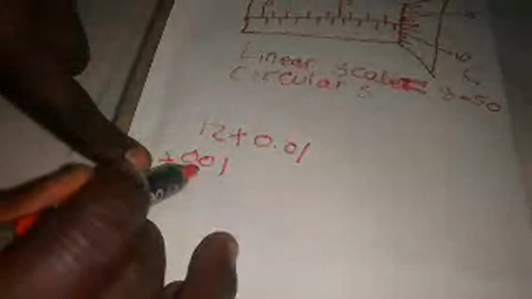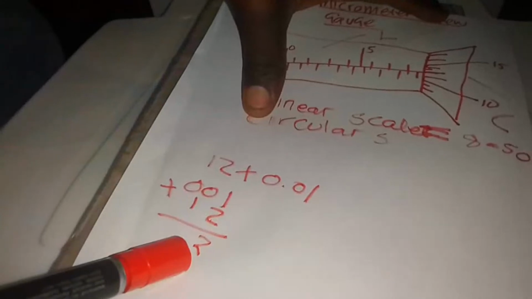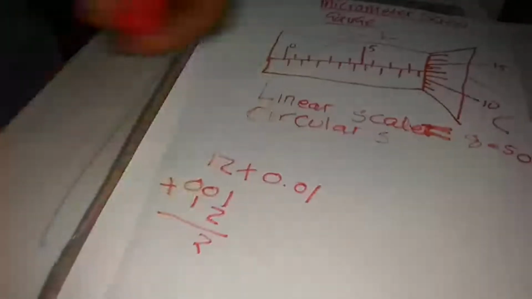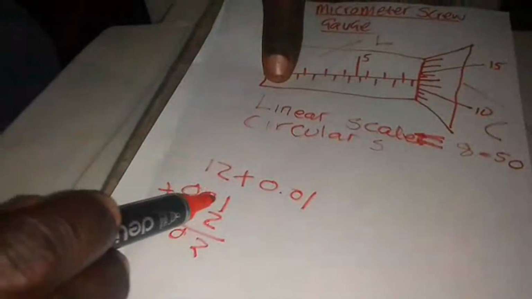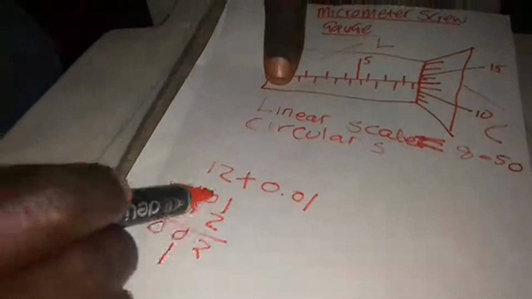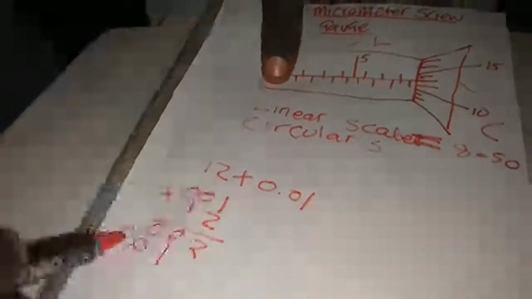When you multiply, you ignore the point first: 0.01 multiplied by 12. 2 times 1 is 2, 2 times 0 is 0, 1 times 1 is 1, 1 times 0 is 0.